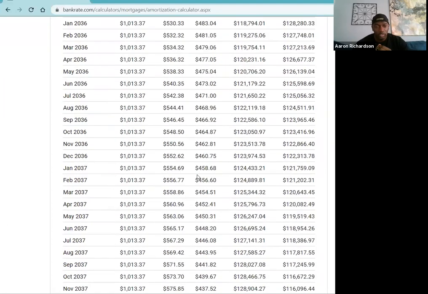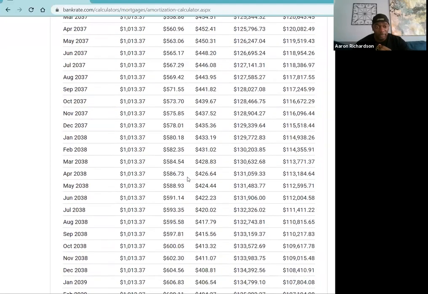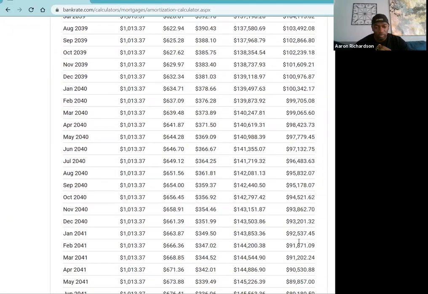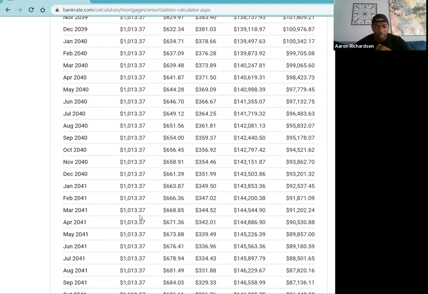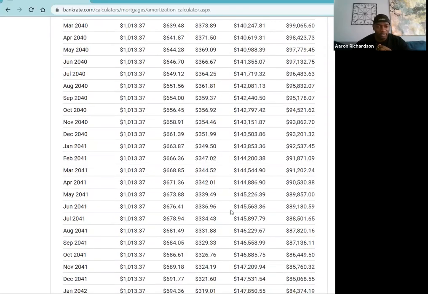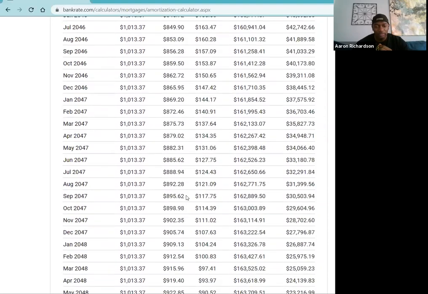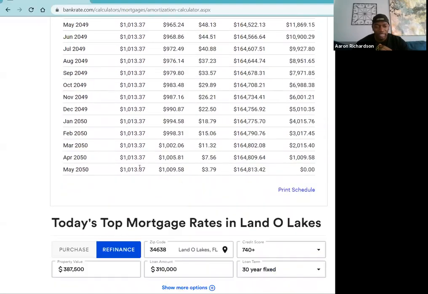As we go on, this amount again stays the same, and we accelerate through the payments here. Our balance is aggressively reduced more and more, because more of our payment is going toward the principal balance and less toward interest.